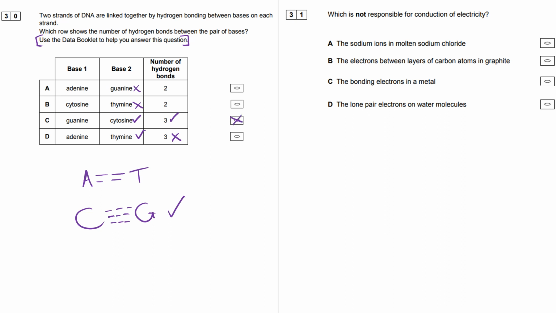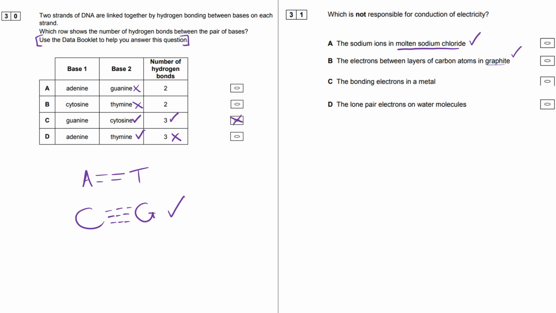Question 31. Which is not responsible for the conduction of electricity? So molten sodium chloride, molten ionic compounds, the ions are free to move, so will conduct electricity. You should be aware there are delocalized electrons between layers of carbon atoms in graphite. Graphite is capable of conducting electricity. It's often used as electrodes, for example.